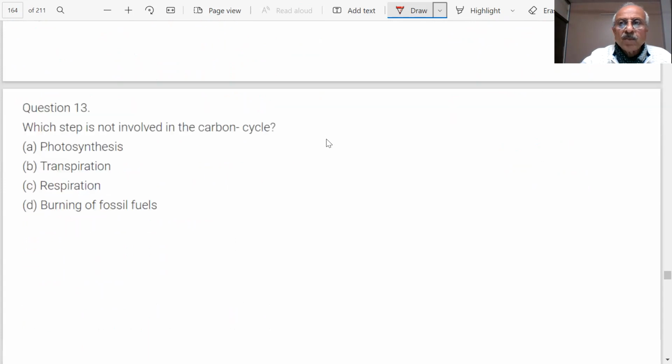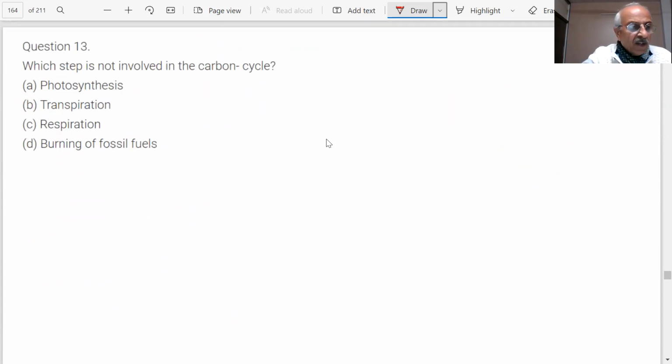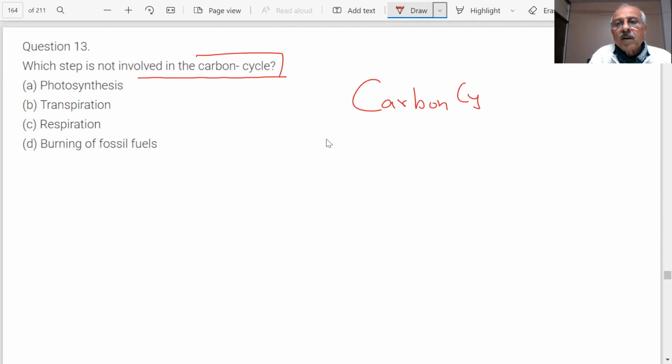Next question is coming on the screen. Which step is not involved in the carbon cycle? Carbon cycle. We have discussed, students, the carbon cycle. What are the important steps or stages in the carbon cycle? Students, try to revise.